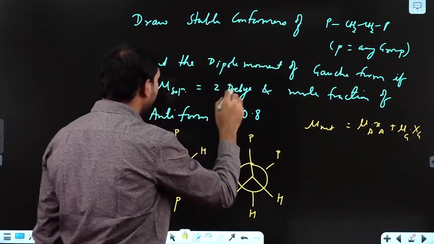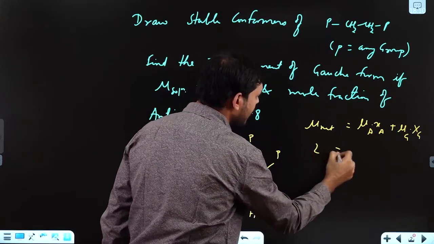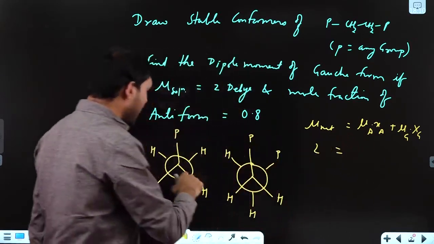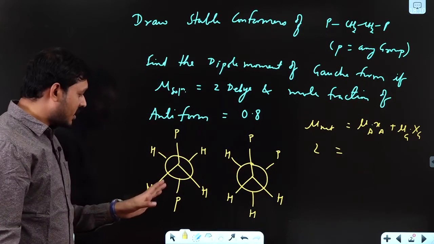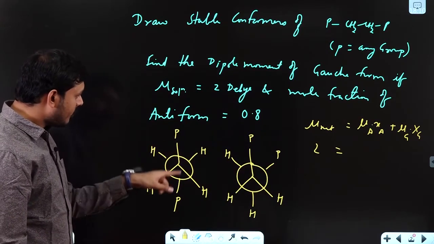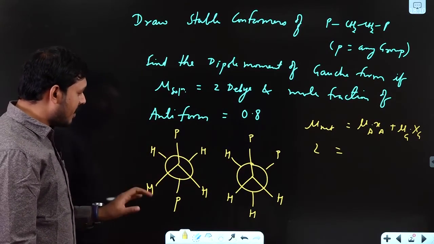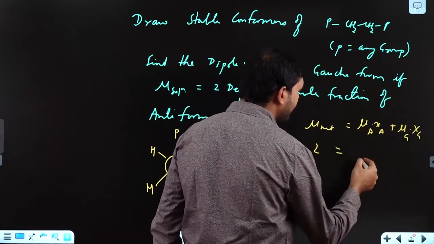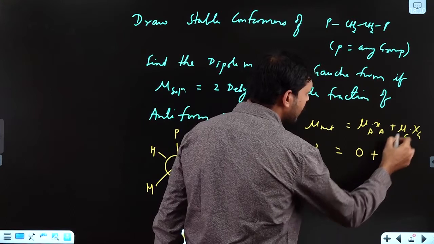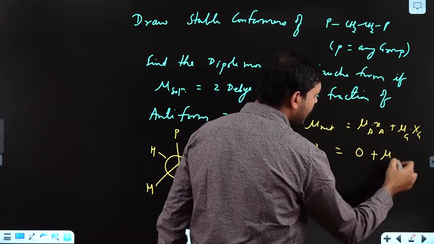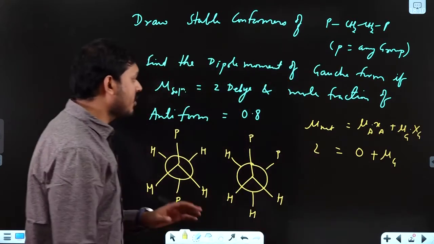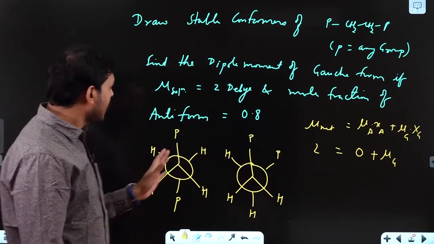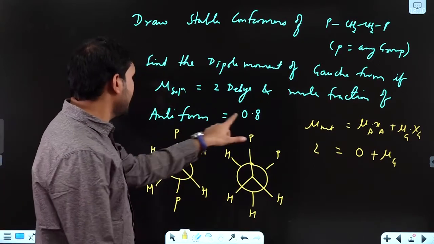Mu net is already given as mu of solution equals 2 D. Now you can see from the structure that this anti form has dipole moment 0. So mu anti is actually 0. So 0 into x anti will be 0 plus mu gauche that you need to find, and x gauche, mole fraction of gauche form. Now you have been given in the question mole fraction of anti form 0.8.